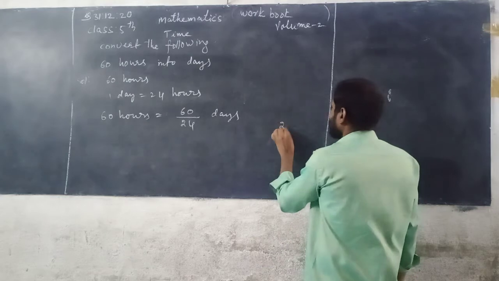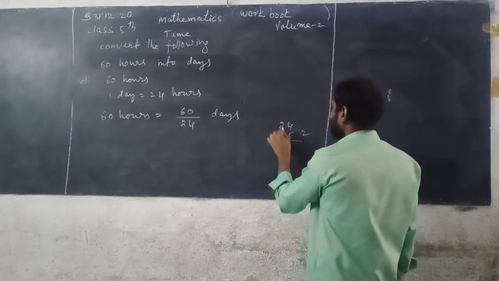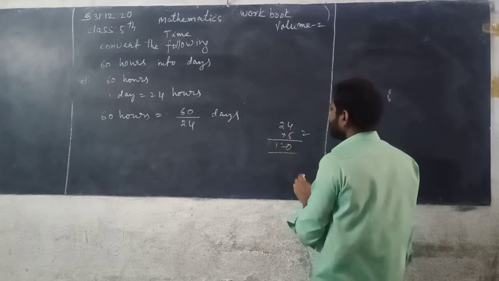See here, 5 fours are 20, sharing 5 fours are 20.